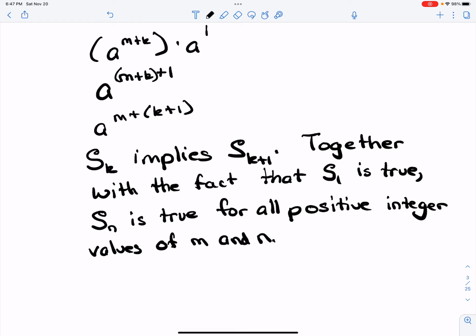And there it is. That's it. Now that's the entire proof. So that is a proof by induction, mathematical induction.